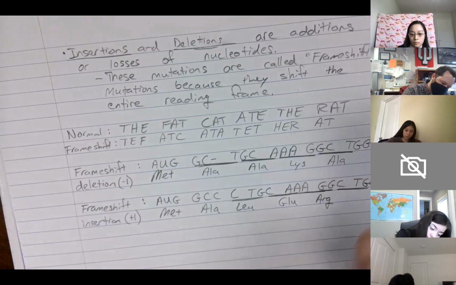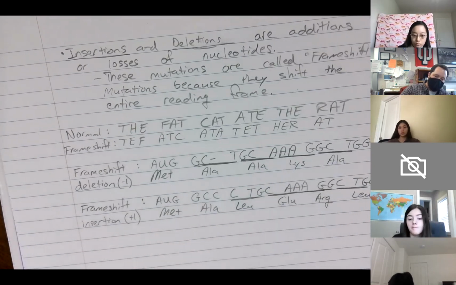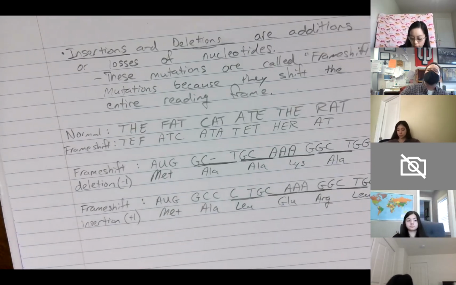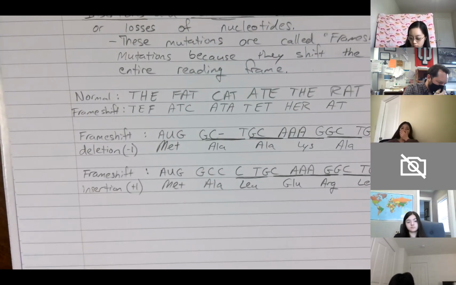Leucine. So again, we've completely messed up our entire reading frame. Just one little letter, and the whole thing's thrown off. Pretty bad. We are not going to have an operational protein then. Certainly not going to do what it's supposed to do.